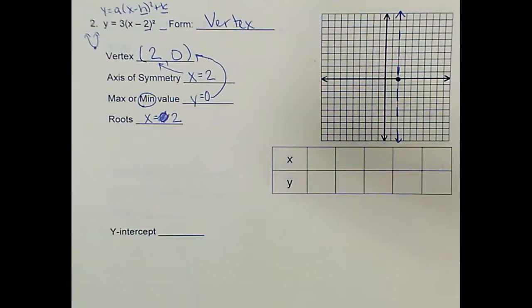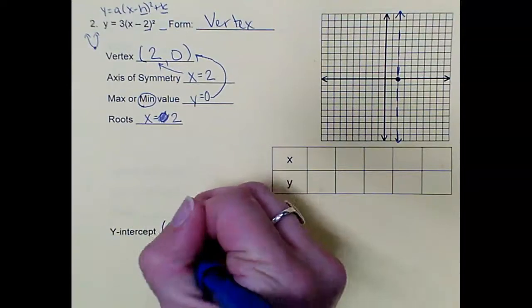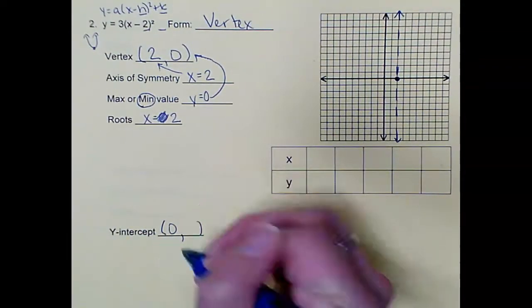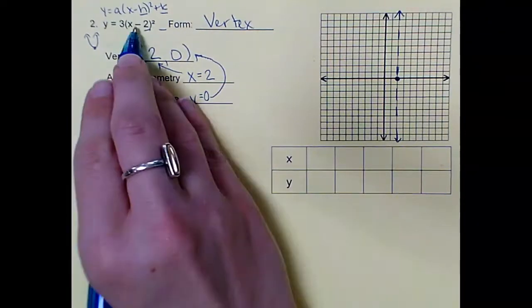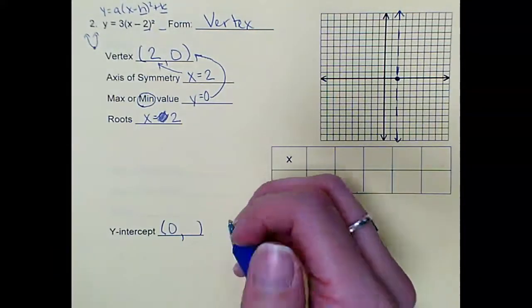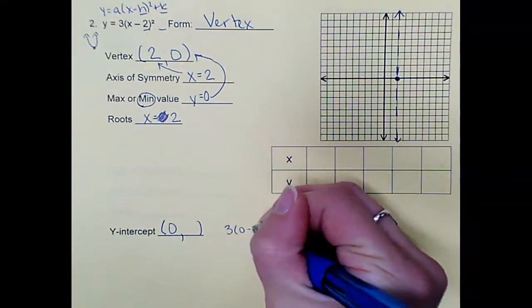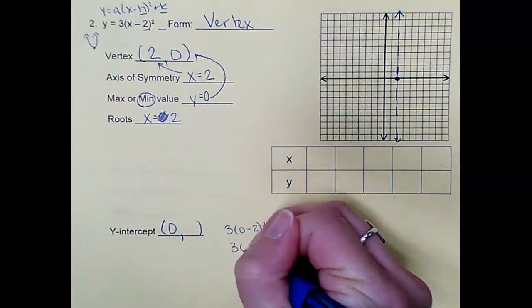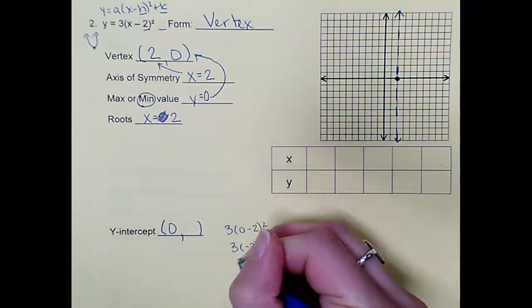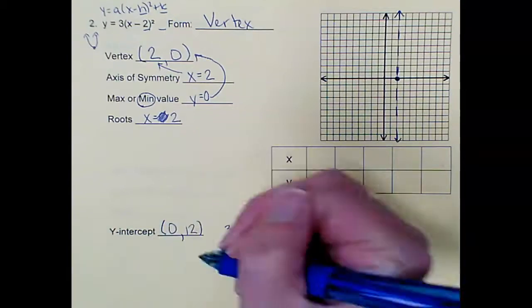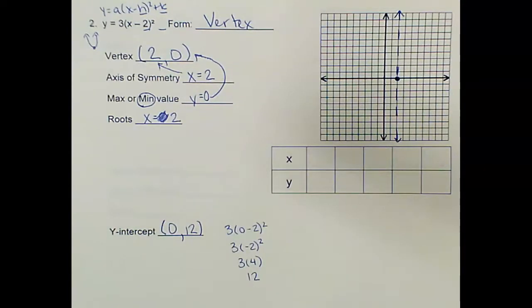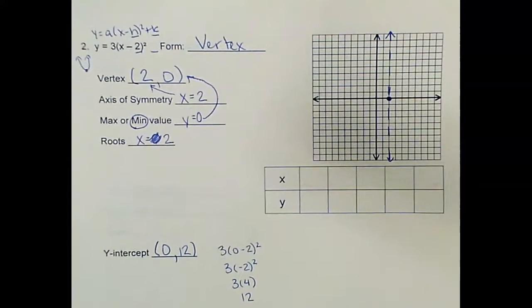Tell me about the y-intercept. The y-intercept has an x value of 0. How do you find the y value? You take 0, you plug it in for x. So let's try that out. 12, right? 12 doesn't appear on our graph.